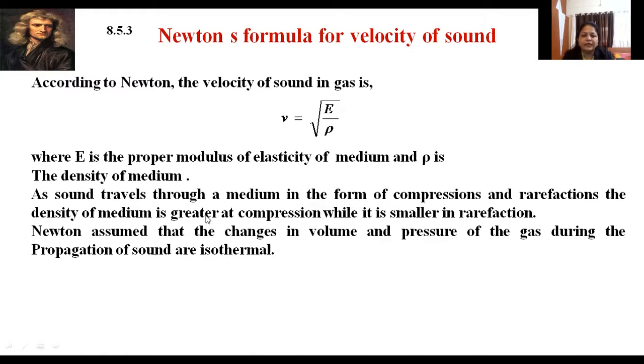Means there is no change in the average temperature of the wave or the medium, which remains constant, while compression and rarefaction both give and gain temperature or heat from the surrounding, and due to this the average temperature of the medium remains the same.